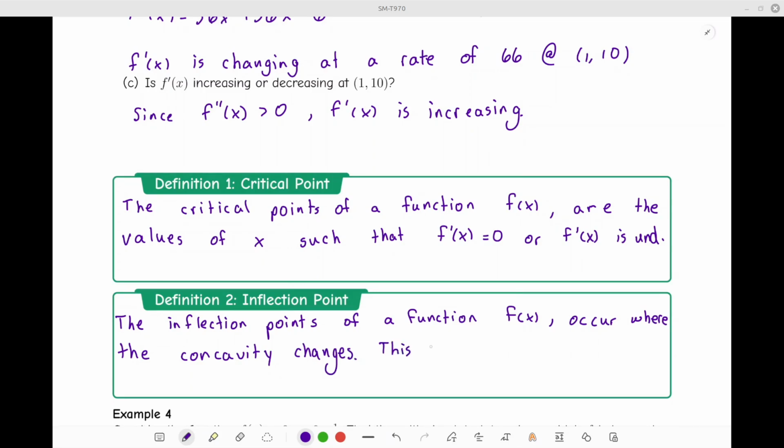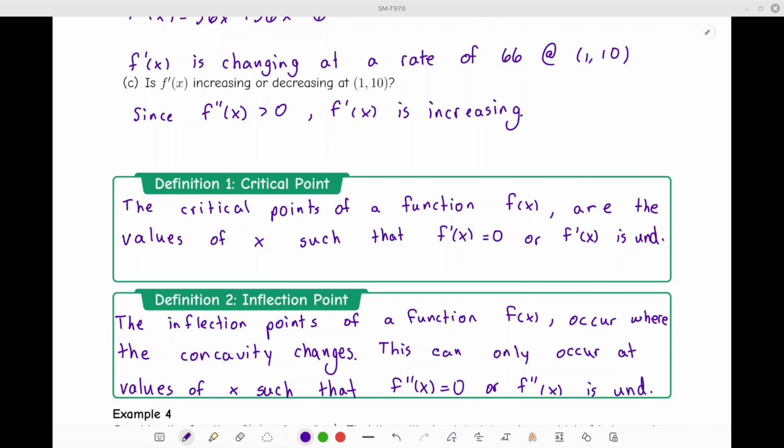This can only occur at values of x such that f double prime of x equals 0, or f double prime of x is undefined.